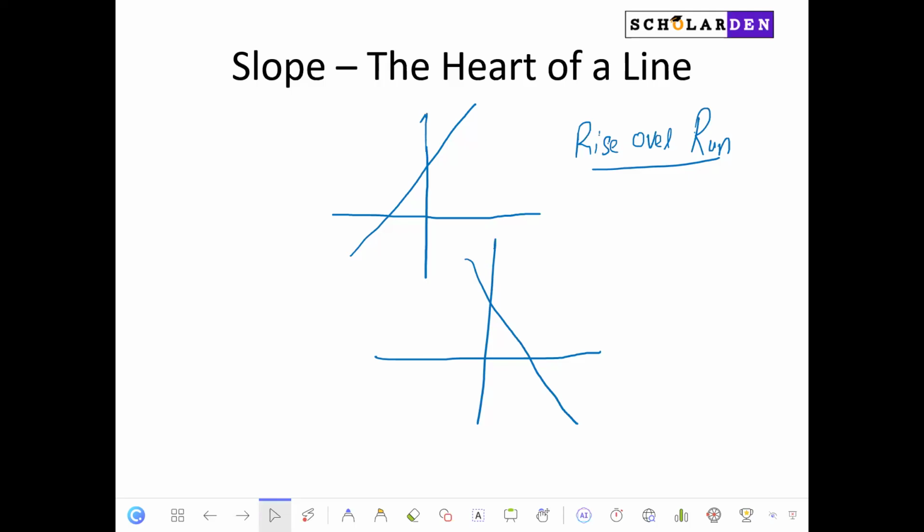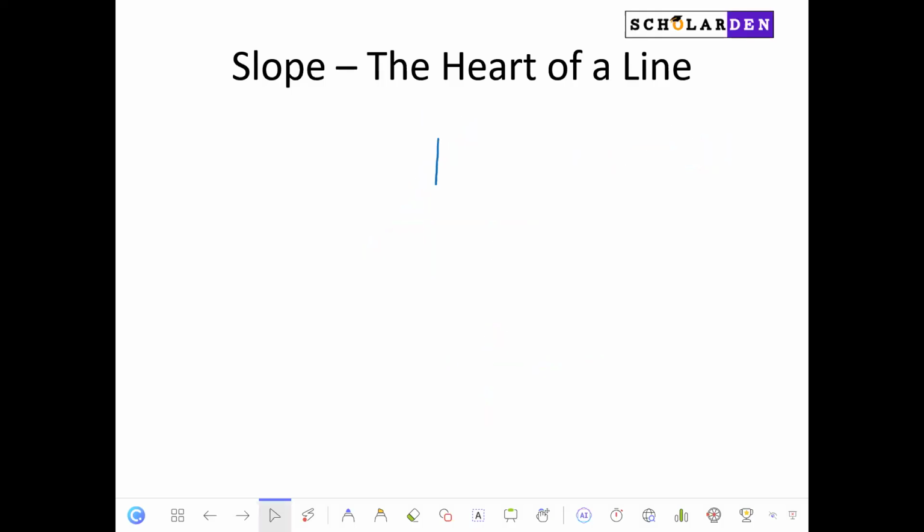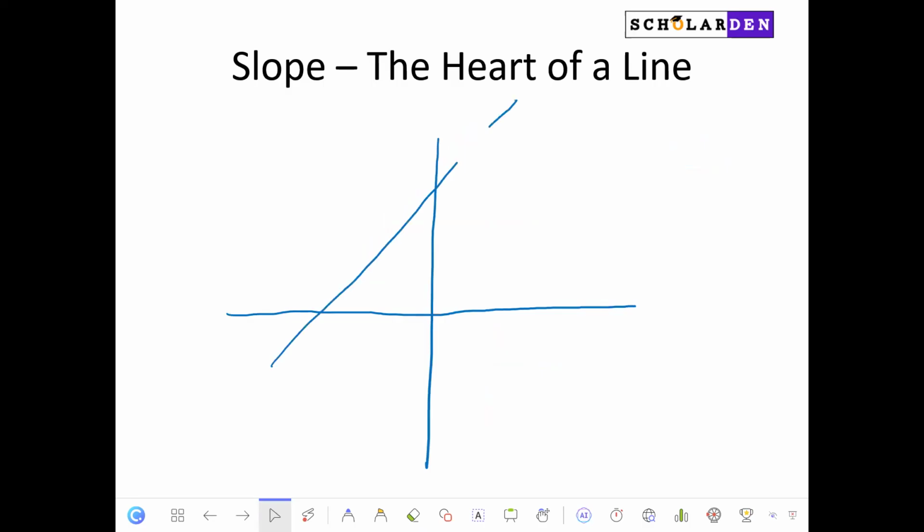So quickly, let's take a simple example that shows us this phenomenon of rise over run. Let's take this line, and let's mark a couple of points.